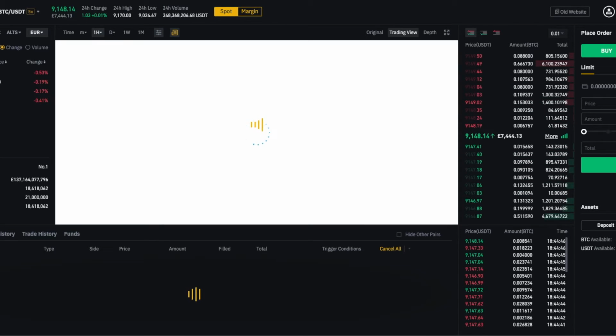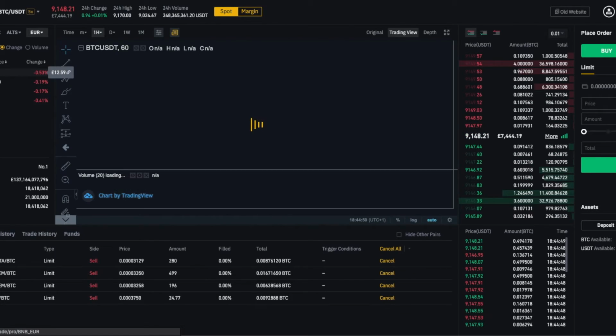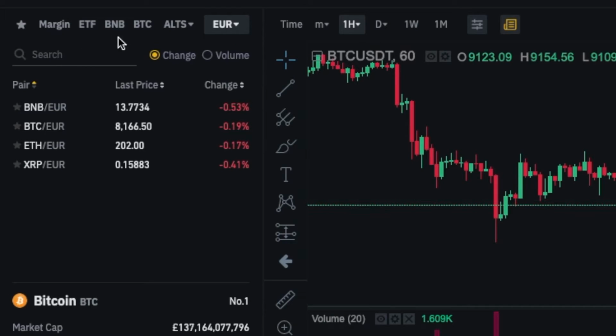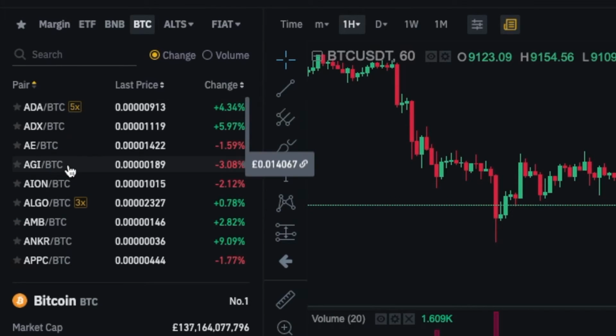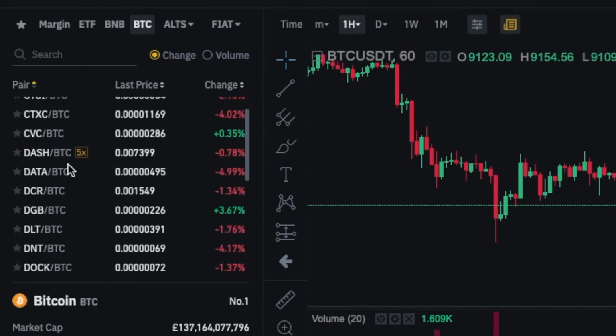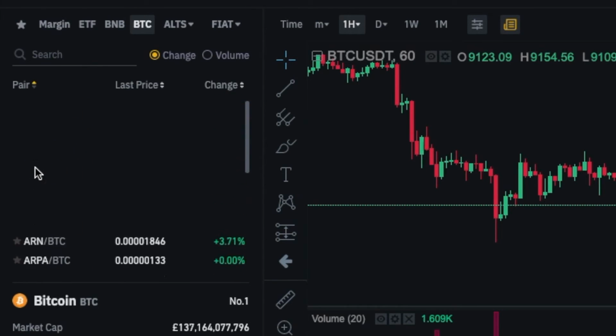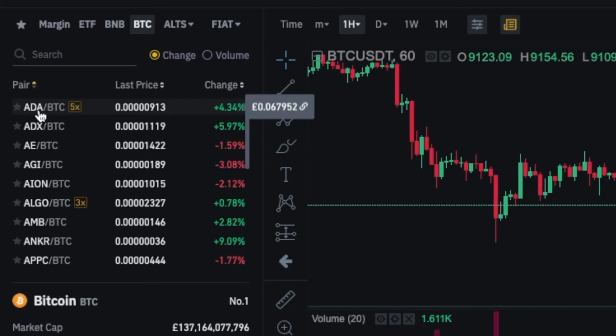On your left hand side, you have the coins that are available to trade. If I click on BTC, I've got all of these coins, and these are called a pair. So BTC against DGB here, or BTC against ADA.